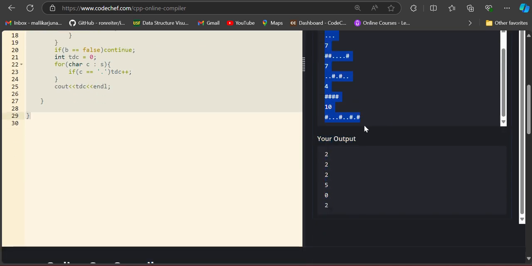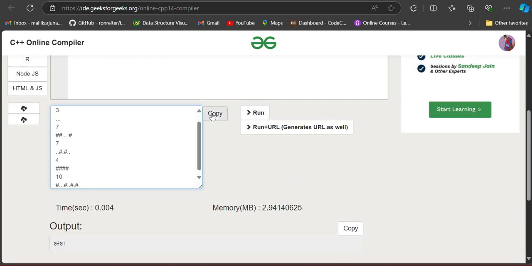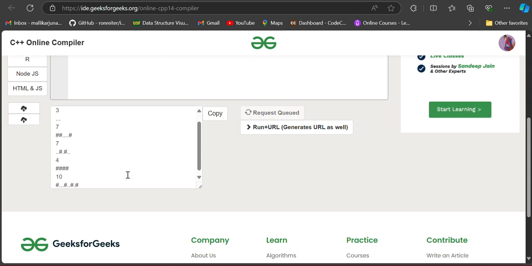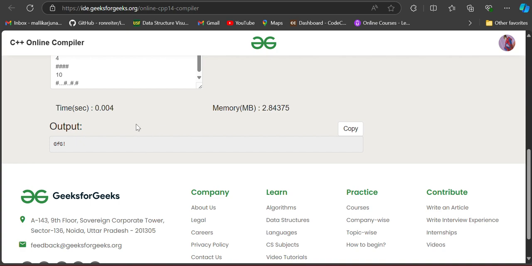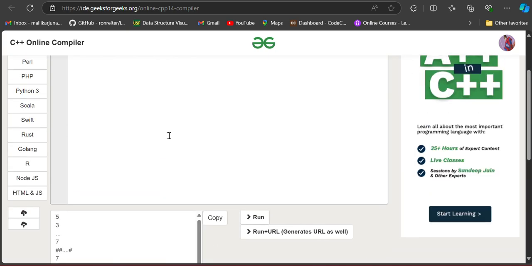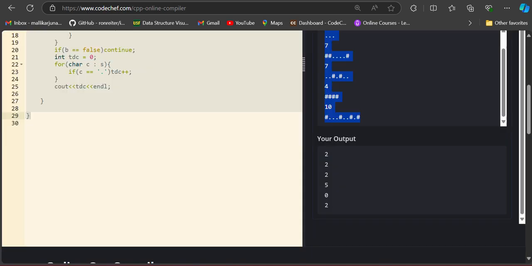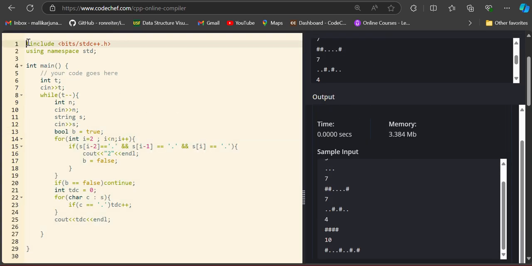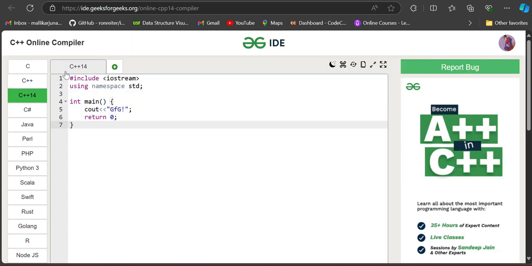Straight input. Don't worry, let's find out.